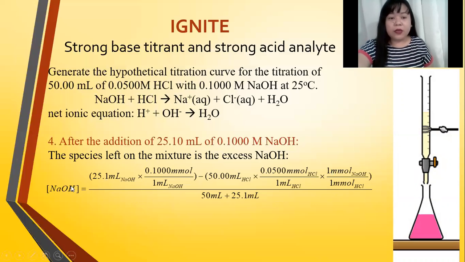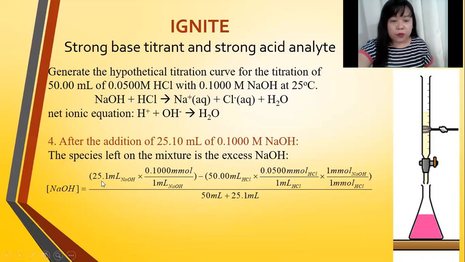So again, the sodium hydroxide concentration would be equal to the total moles of sodium hydroxide added minus the moles needed to completely react with the hydrochloric acid analyte, all over the total volume of the system.